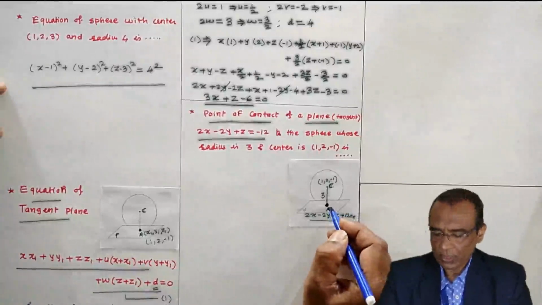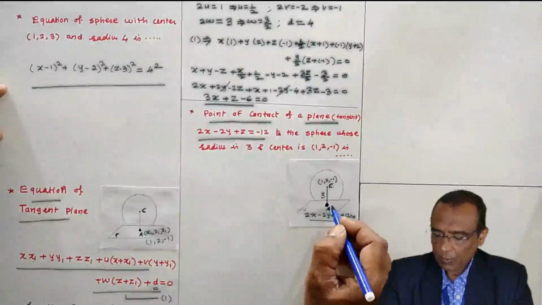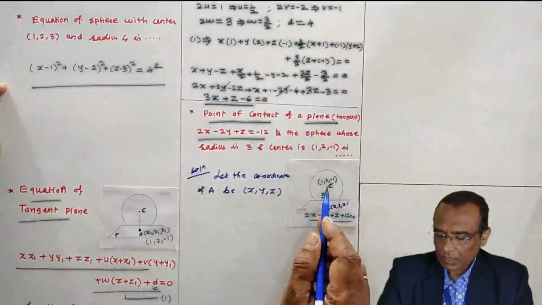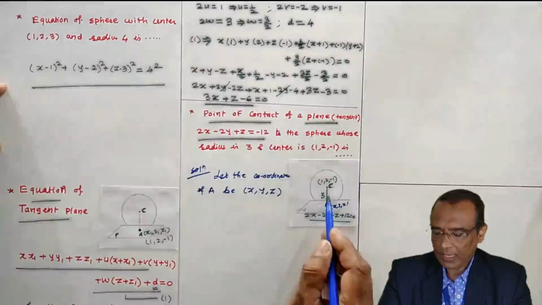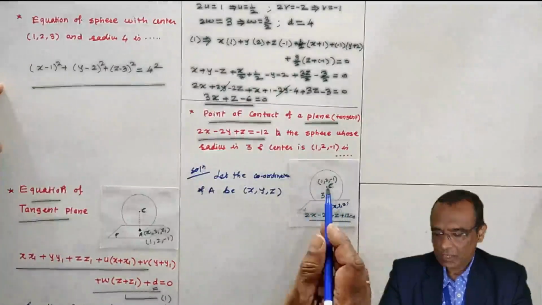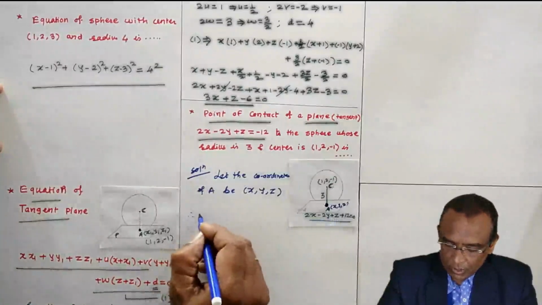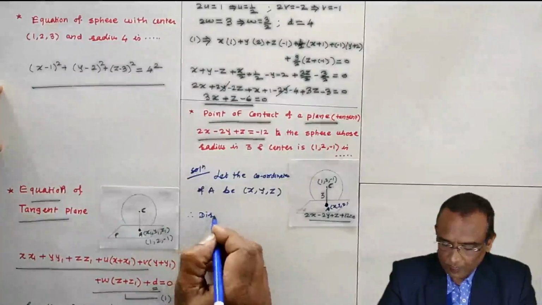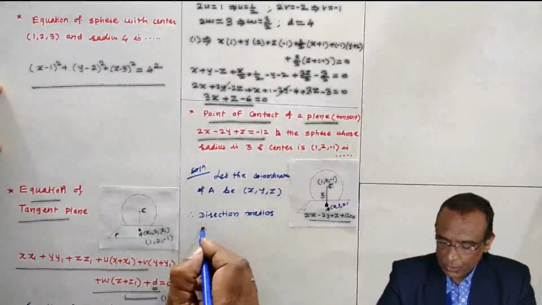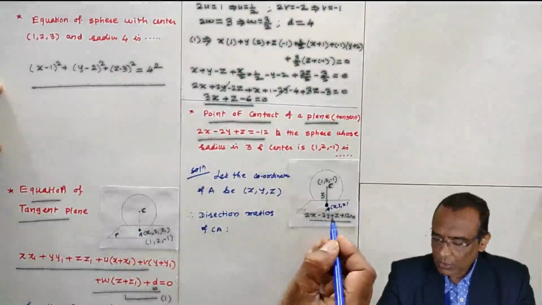So how do you find the coordinates of A? See here, let the coordinates of A be x, y, z. This radius CA is perpendicular to this plane. CA is normal to this plane. Therefore, as we have seen in preliminaries, the direction ratios of CA are 2, minus 2, 1.